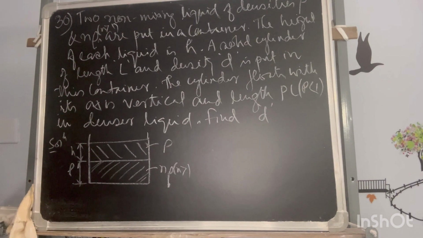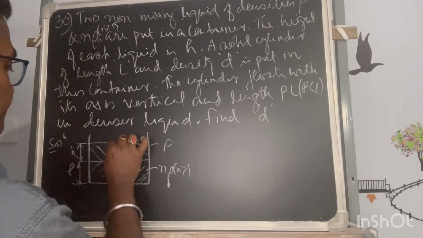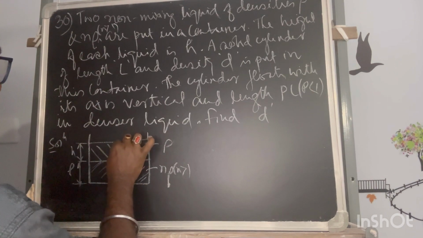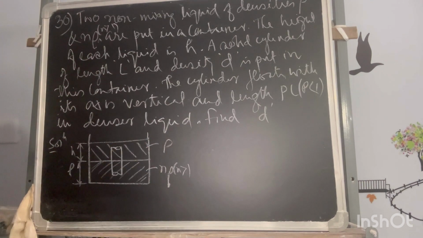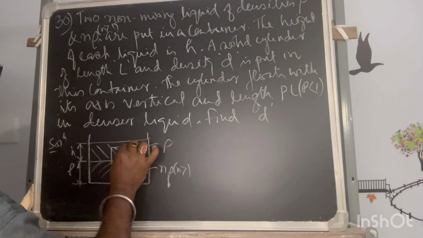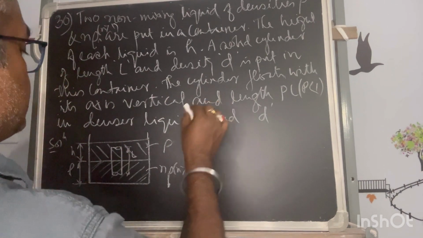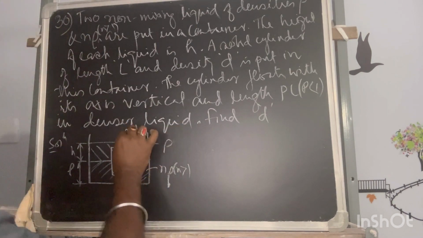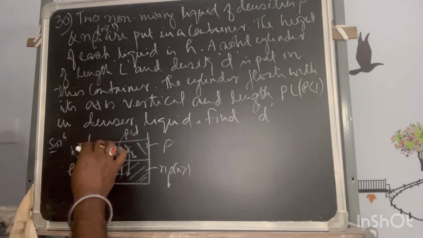Find D. A solid cylinder of length L and density D is put in the container. So a solid cylinder, maybe this kind of cylinder, of total length L and density D, is put in the container. The cylinder floats with its axis vertical.